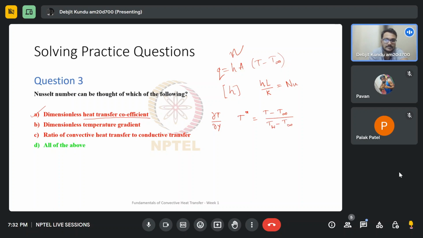Both are reference temperatures relevant to the problem. And this y star can be non-dimensionalized as y divided by L, L being the relevant length scale associated with the problem. Now if we try to write down a non-dimensional version of this, then T could be written in this way. Give me a second.